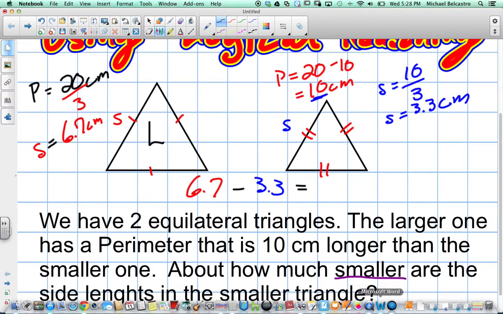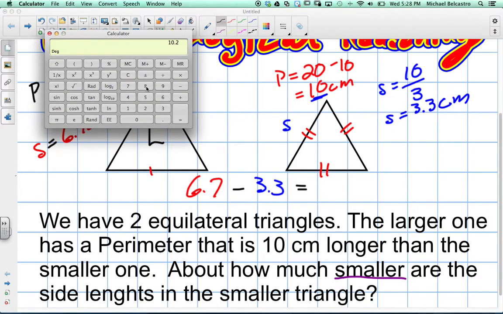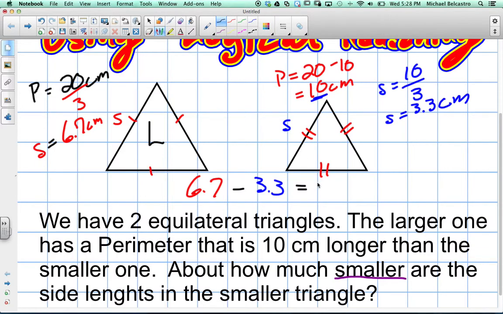Oh wait, I can't see. 3.4. I mixed it up. That's okay. But what's good about this is it's 3.4. So we could say it's approximately 3 centimeters if we round down, right? It's approximately 3 centimeters larger.